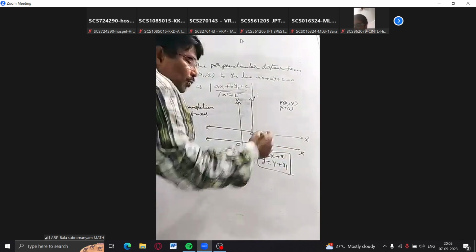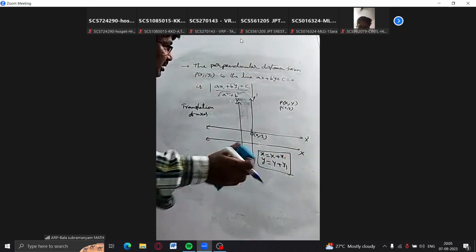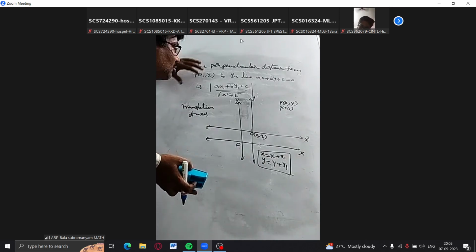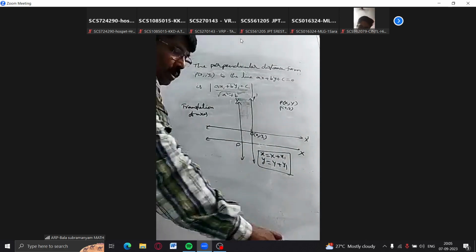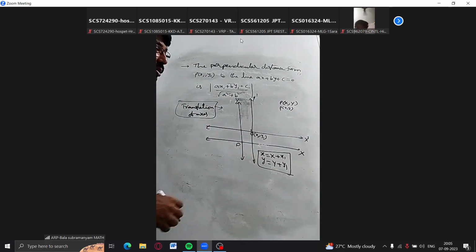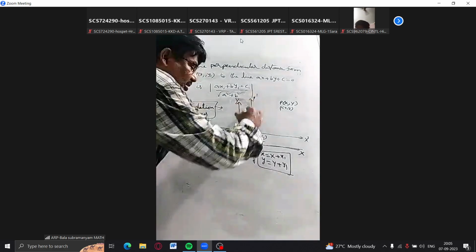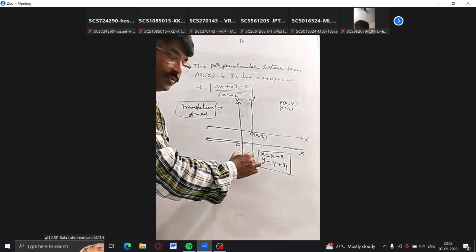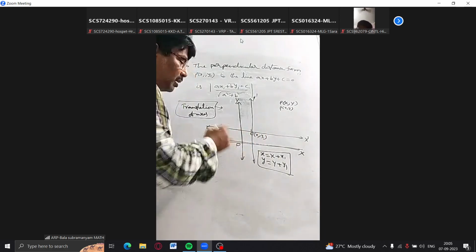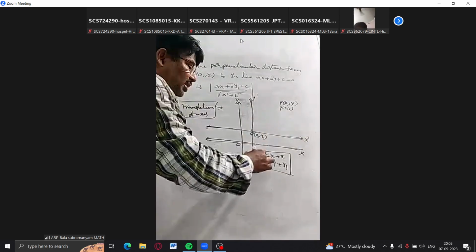In this theorem, we use these formulas to prove the distance from a point other than the origin to a straight line. Here we apply the translation of axis. Once again, the x-axis and y-axis are the old system. The origin is shifted to O dash, with no change in the direction of the axes.